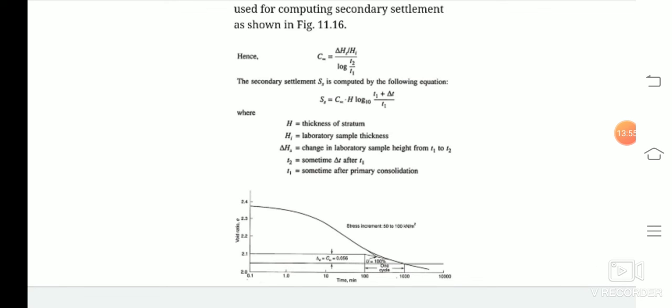The secondary settlement is given by C alpha into H log10 of (t1 plus delta t) by t1, where H is the total thickness of the stratum and Hf is the laboratory sample thickness. Delta H is the change in height of the sample from t1 to t2, and t1 and t2 are the times elapsed, and t1 is some time after primary consolidation.